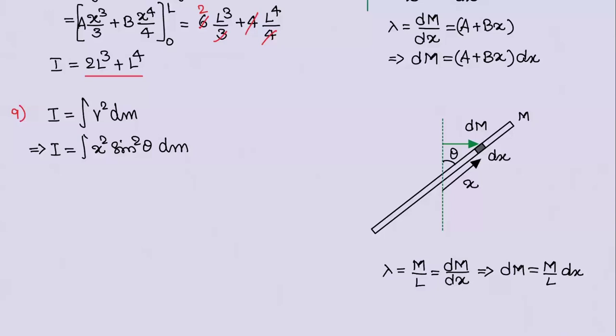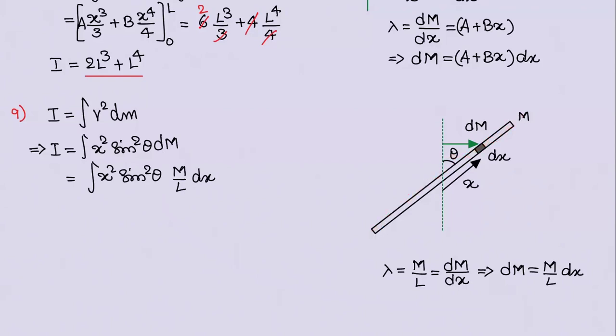Just a minute. I need to take capital M. Now put the dm value here. Integration of x square sine square theta into capital M by L into dx. Now sine square theta is constant because throughout the rod the angle is theta only.